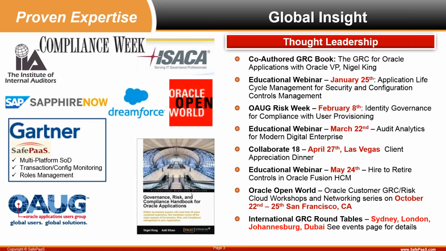Most of you know us through our various webinar series. SafePaaS has been around in business prior to this as Fulcrum Way for about 15 years now, and our area of expertise is the governance, risk, and compliance area. We do a number of webinars and events throughout the US and other markets around the world.